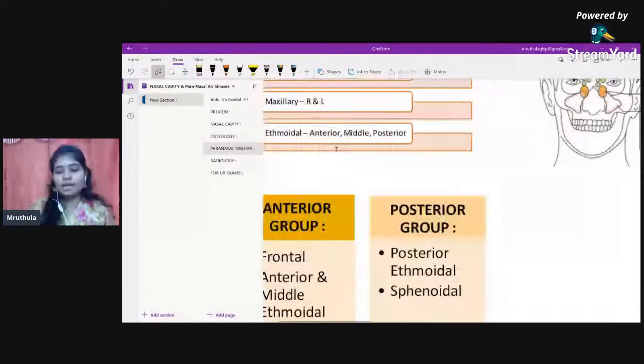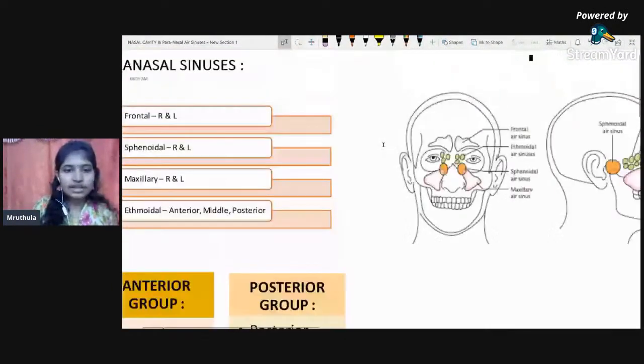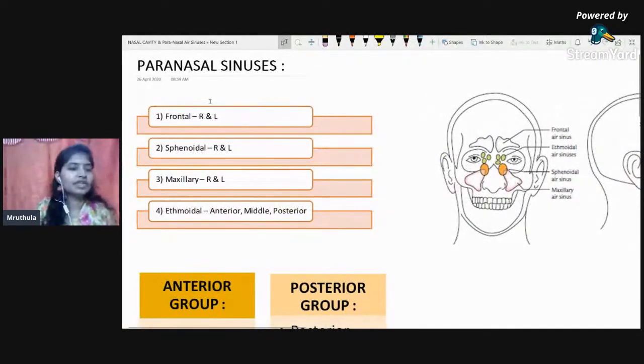We have 4 different paranasal sinuses, and we have 2 different classifications for them. Just by the name, we can classify them into 4 different paranasal sinuses, or we can divide them into 2 groups based on where they open into.